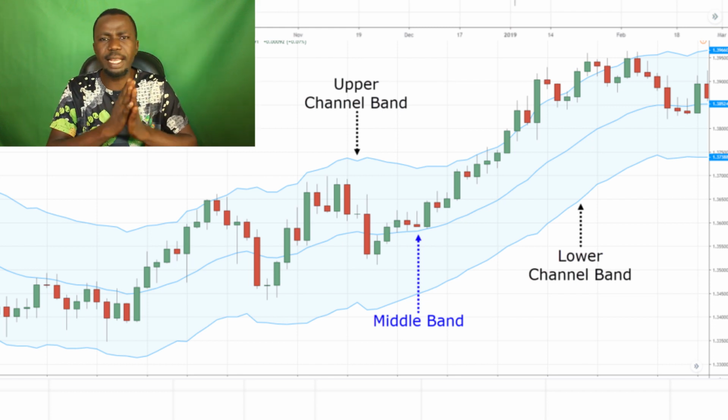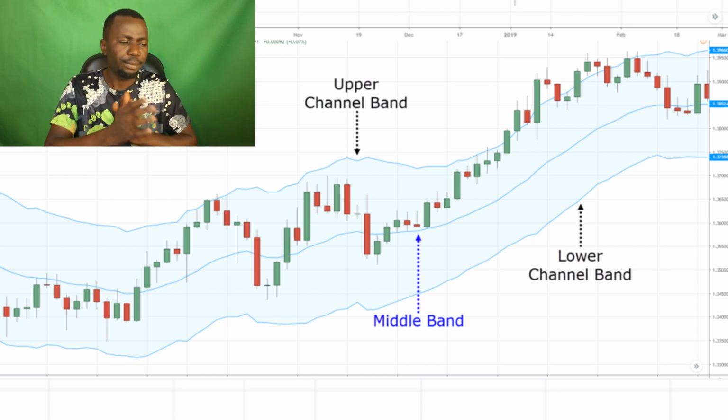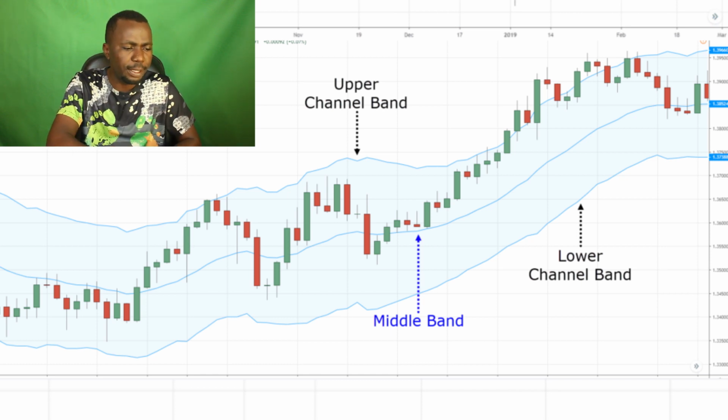The same thing is applicable to the lower band. If the price is in a range, the lower band will serve as a support level. So whenever the price crosses below the lower band and you see the support level, then you can confirm to yourself that this is a support level and the price is willing to reverse from there. So this is how the Keltner channel works.